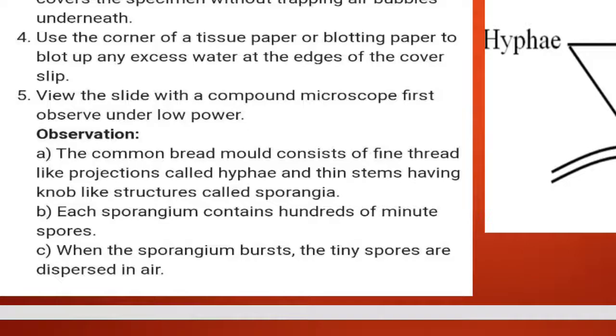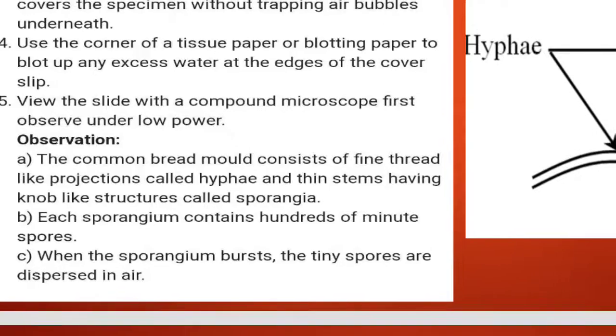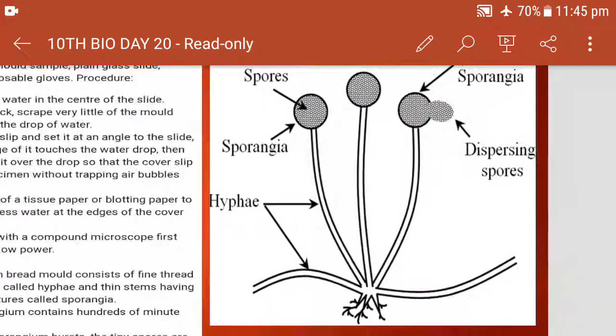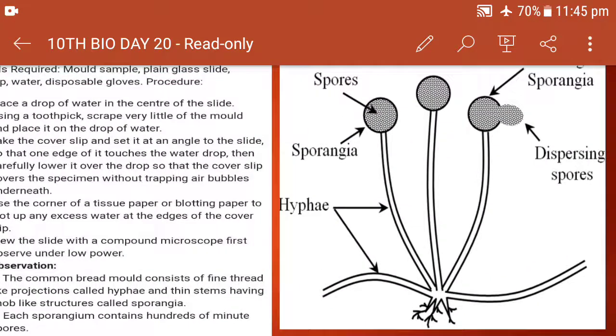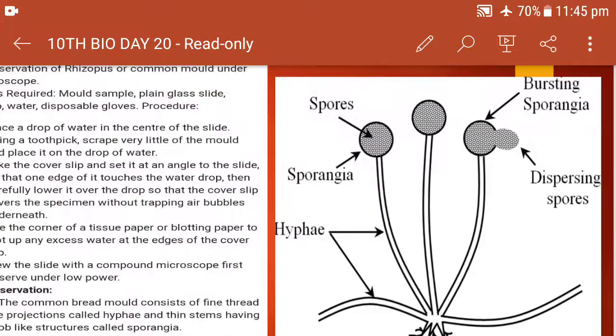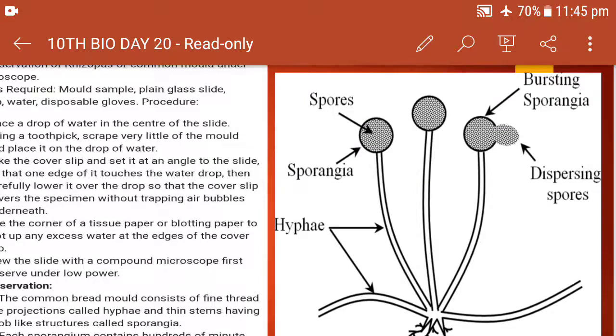When the sporangium bursts, the tiny spores are dispersed in air and they again develop into new molds, into new structures having the hyphae and the sporangia. See children, the spores are present inside the sporangium and the thread-like structures are called hyphae.